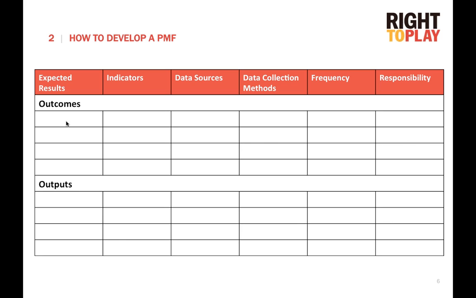You don't need to be concerned about the impact, and as I mentioned, you also don't need to copy the activities. So it's the outcomes and the outputs that you start with. And from here, you build the rest of your PMF, moving from the indicators to your data sources, to your data collection methods, the frequency that you collect the information, and then you identify who is responsible for collecting each piece.